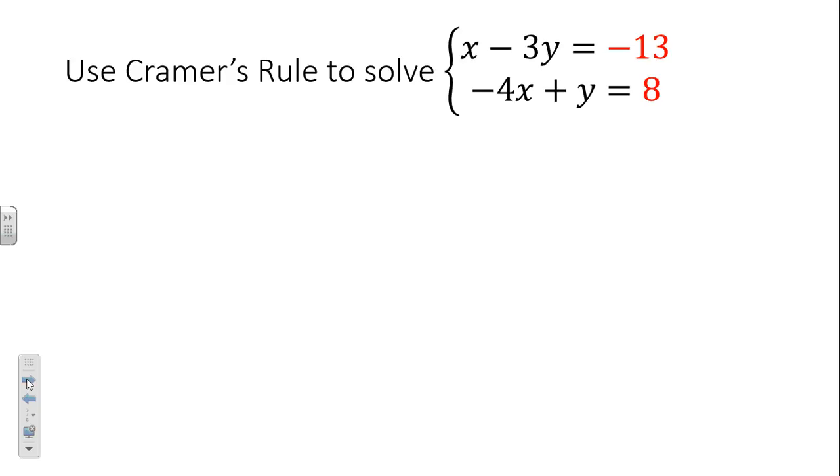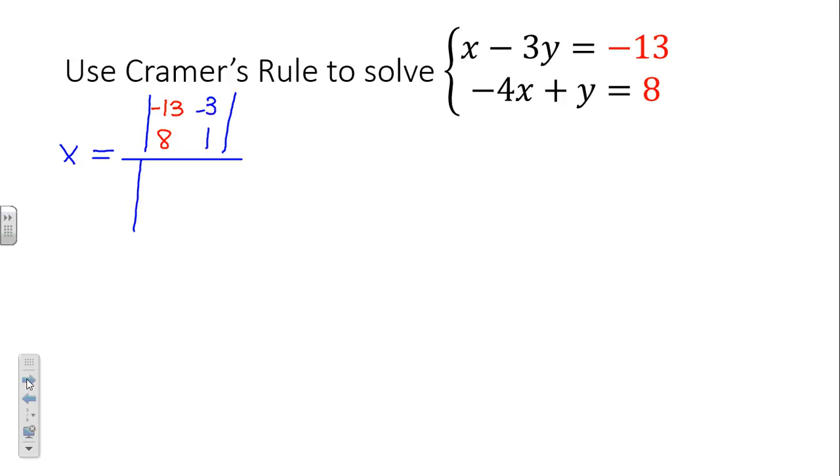So x is the determinant with the x's replaced over the determinant of the coefficient matrix. So we're going to replace the x's. What's going in my first column? And then the y's are just like they would be.